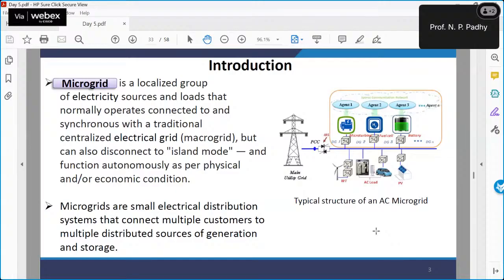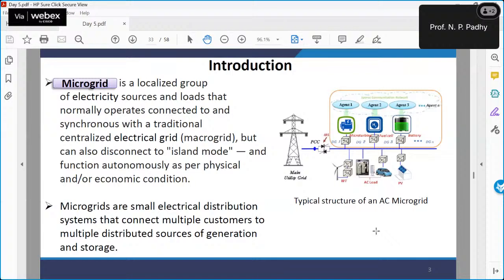Am I right? So, if I multiply gigawatt, 10 to the power 9, by 10 to the power minus 6, 500 giga multiplied by 10 to the power minus 6 will be how much? Okay, so this is basically 500 kilowatt or half a megawatt.